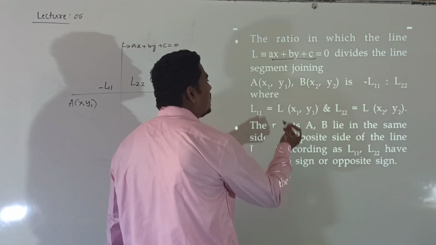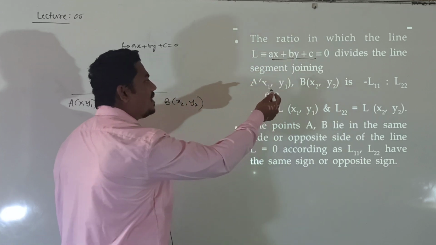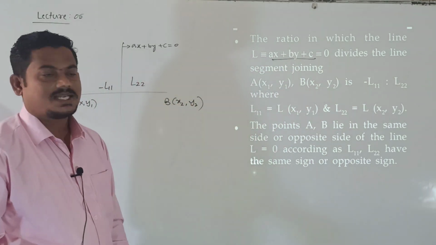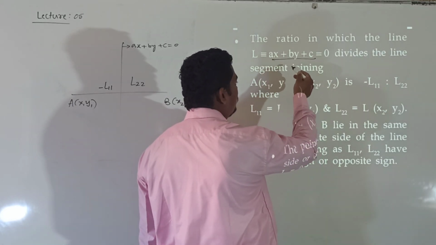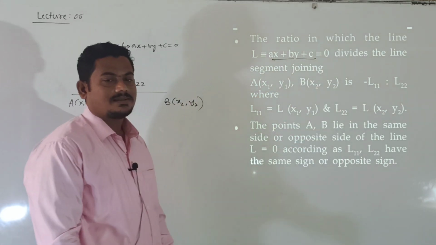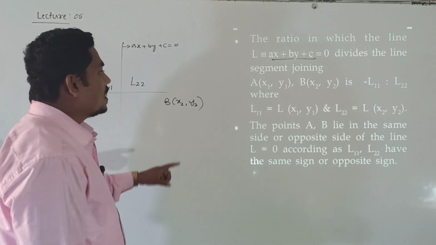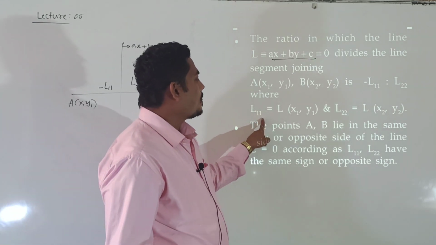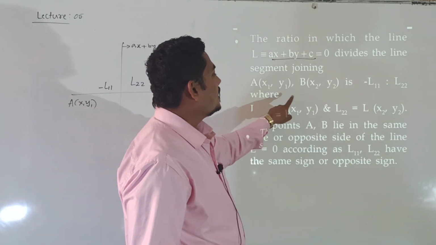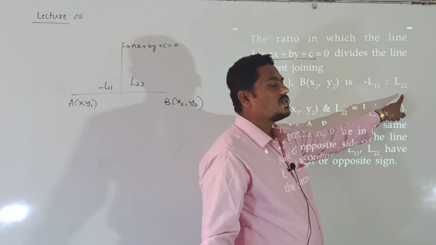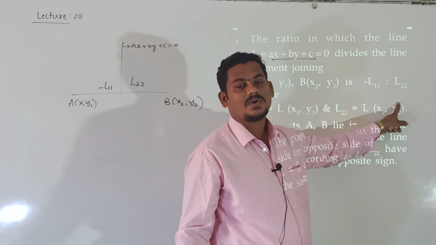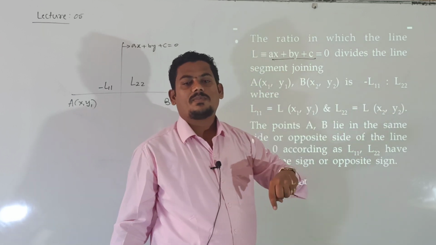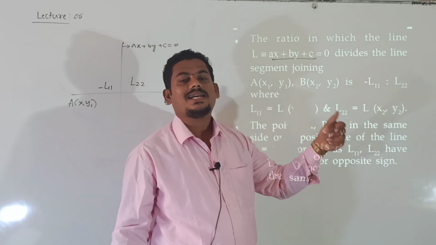L11 means ax1 plus by1 plus c. Then what is L22? ax2 plus by2 plus c. It divides in the ratio of minus L11 is to L22. If you put the first point x1, y1 in the given line, its notation is L11. If you put point x2, y2 in the given line, then it is L22, right?